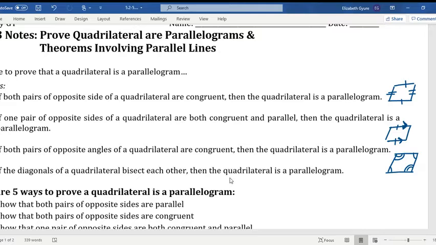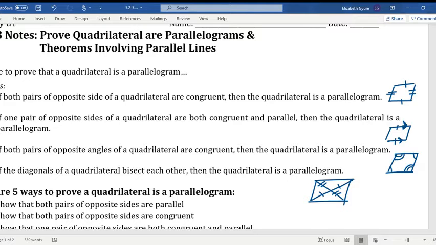They're very similar to the theorems we talked about in 5.1, just worded slightly differently. Those ones were like, if something's a parallelogram, then this is what you know about it. This is, you have some random quadrilateral. How are you going to show it's a parallelogram? So with this last one, if you can show that the point in the middle is a midpoint, then that will work as well.